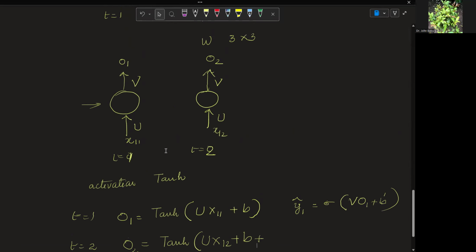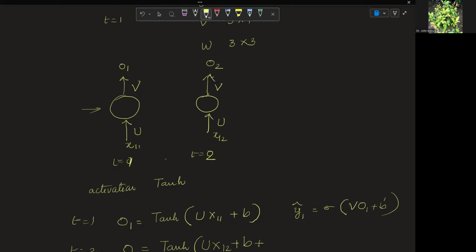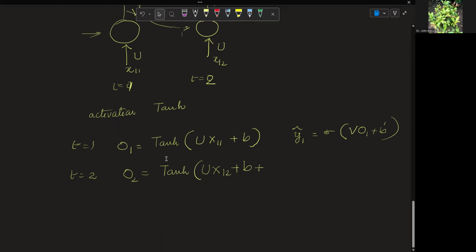The O1, the output, is given as input to this vector. So we are also having O1, or earlier we said H1, into a particular weight.